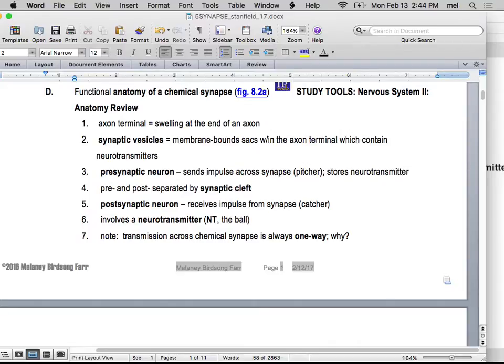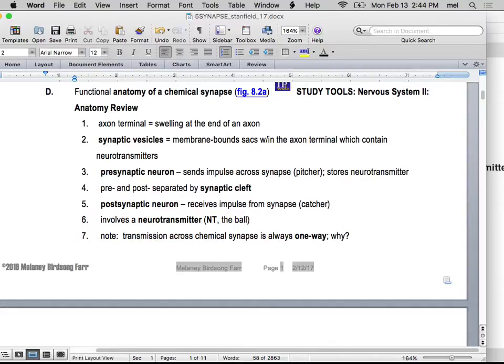So what we are seeing right here is that synaptic transmission is always going to be one way across a synapse. Does anybody see anything structural, even from my bad drawing, that will prevent you from sending the signal backwards? No axon. No axon? What else is there? I mean, even if you could get the ball back, there's no receptors.